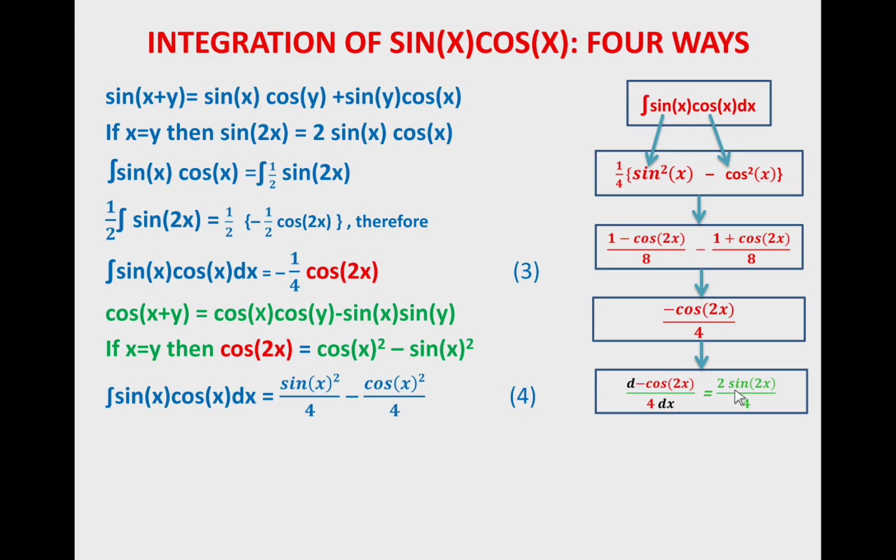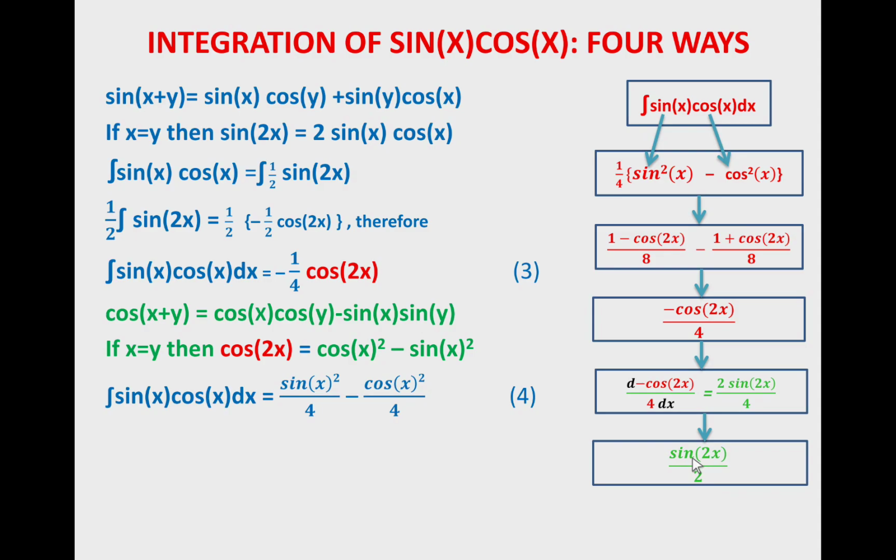And the 2 is going to balance the 4, so we can cancel the 2 over here, and we will have 2 in the denominator. So the result will be sine 2x over 2.